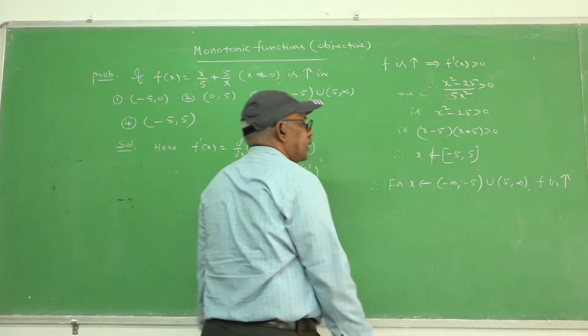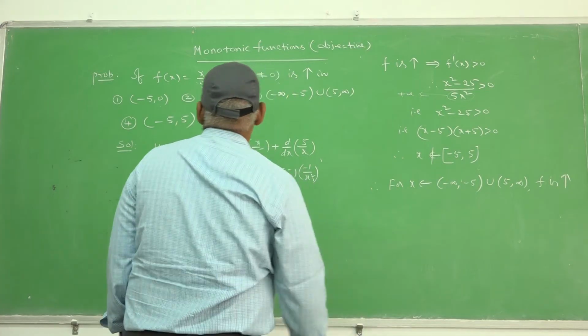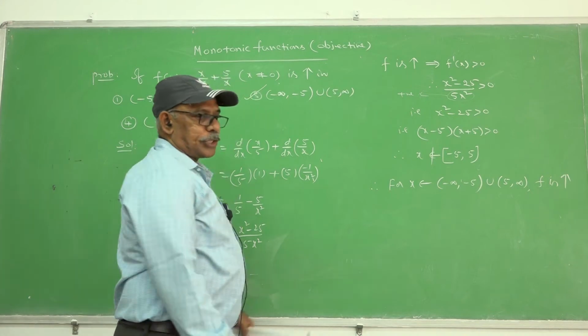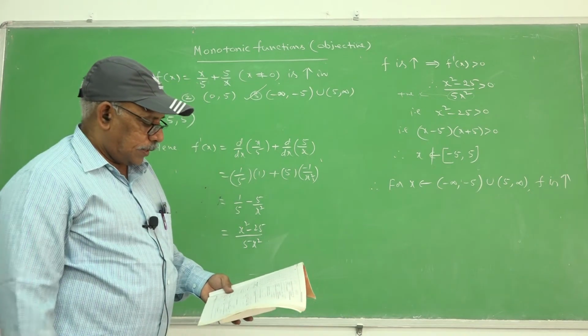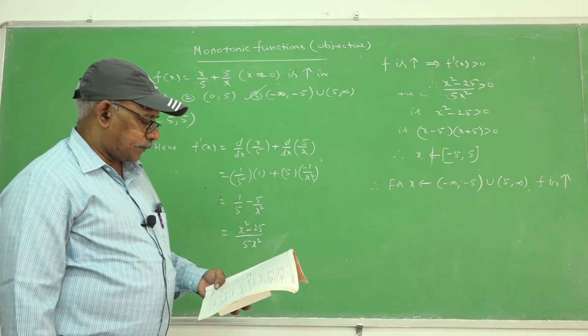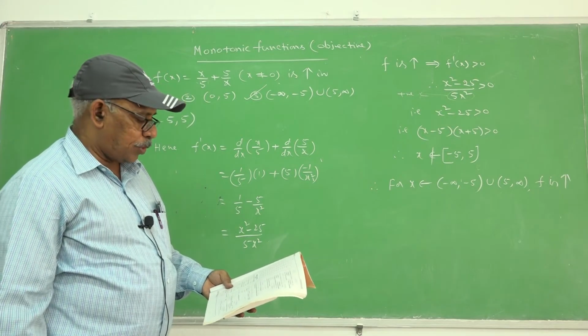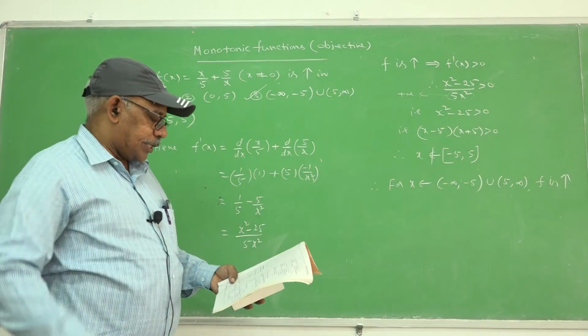So the right option is the third option. Whenever x lies between minus infinity to minus 5 or 5 to infinity only, the given function is increasing.